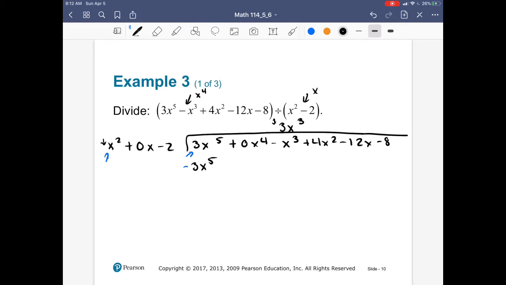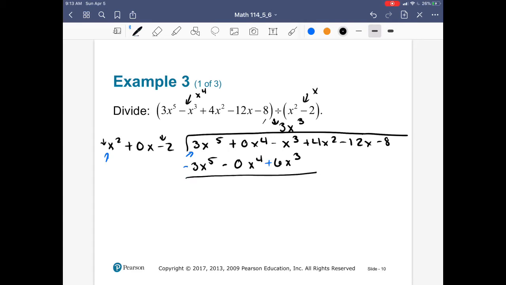Now, 3x cubed times 0x is 0x to the 4th. And then we have 3 times 2 is 6x cubed. Then a positive times a negative is a negative, but we change the sign, so this is now a positive.